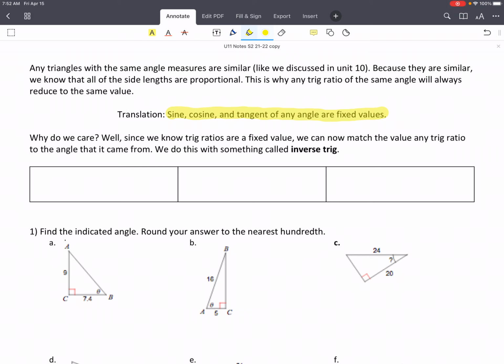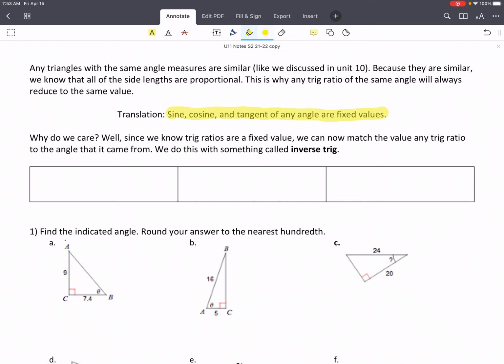Remember when we did the Pythagorean theorem and you got something like 144 plus b squared equals 576, for example.